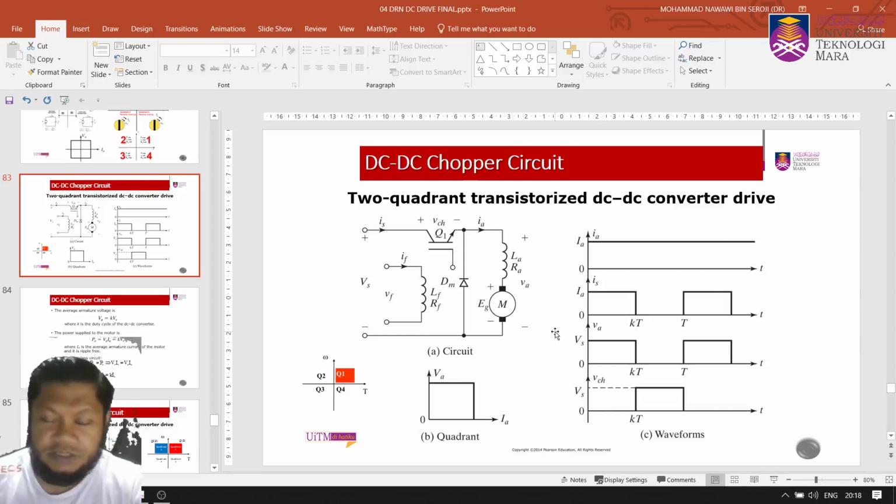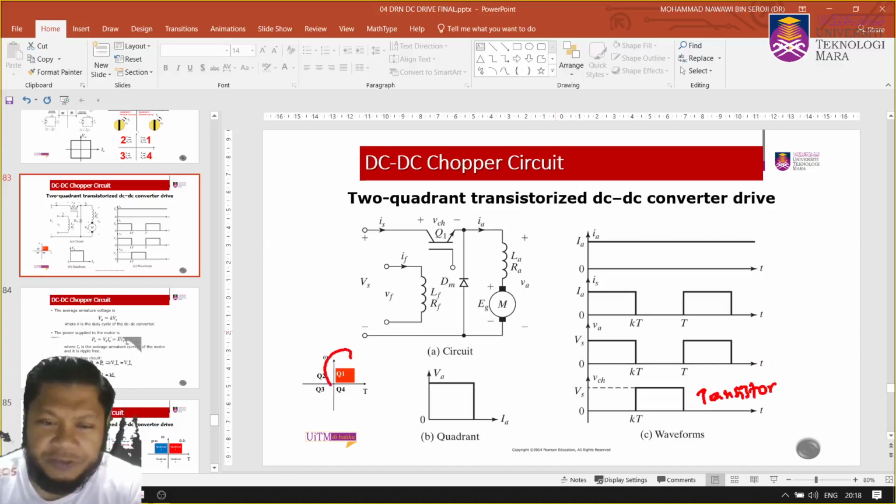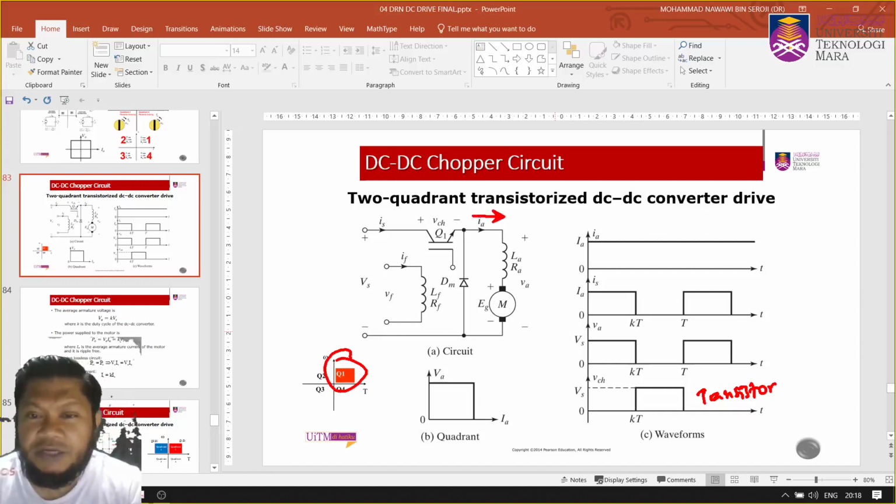This is the voltage across your transistor switch. Voltage across the switch, and it is only a first quadrant operation. So the current only flows in that direction, and you only have a positive voltage.